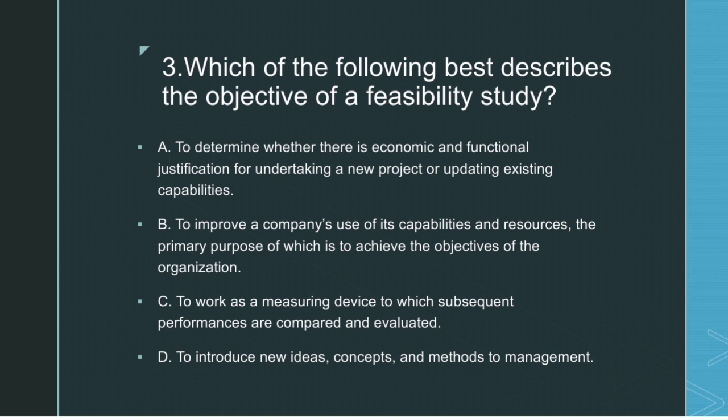B. To improve a company's use of its capabilities and resources, the primary purpose of which is to achieve the objectives of the organization. C. To work as a measuring device to which subsequent performances are compared and evaluated. Letter D. To introduce new ideas, concepts, and methods to management.